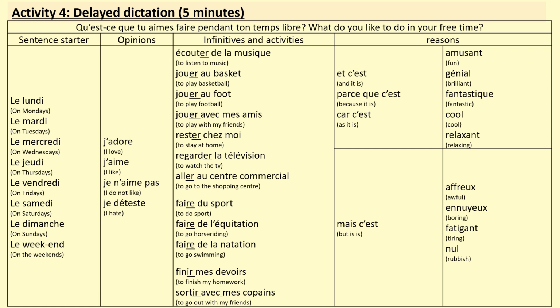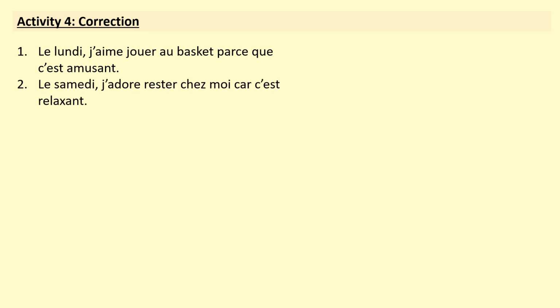Okay. Write the sentence. Pause the video. Make sure that you've checked all of your answers and then move on to the correction. So let's go through our answers together. The first one was: le lundi, j'aime jouer au basket parce que c'est amusant. 2 was: le samedi, j'adore rester chez moi car c'est relaxant.